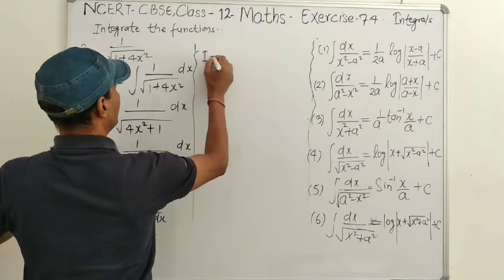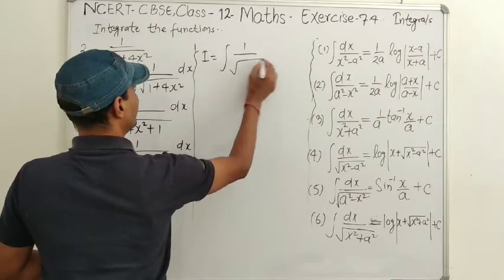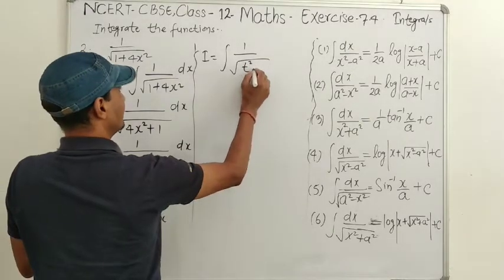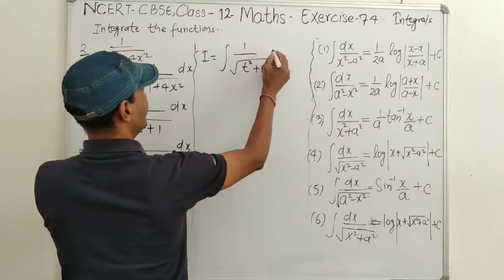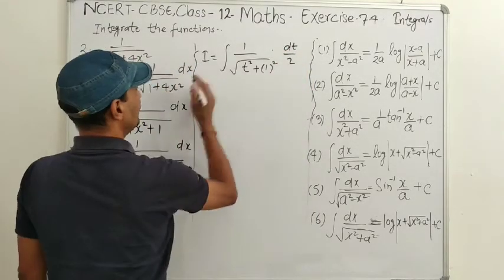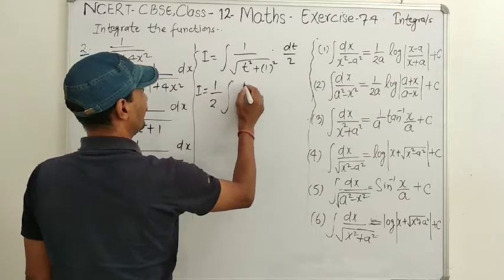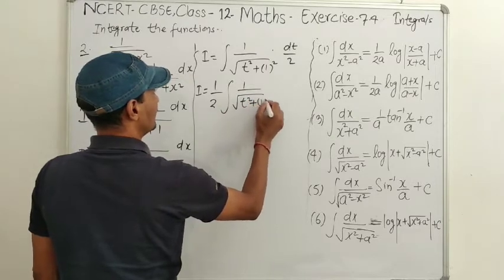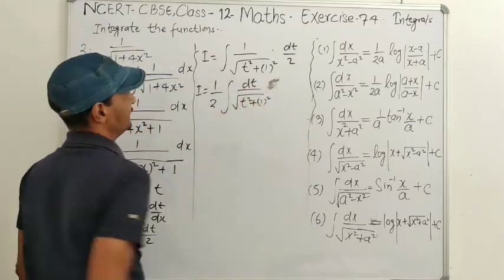Now I equal to 1 by root over, this 2x put as t, square plus 1, we can also write 1 as 1 square, into dx equal to dt by 2. This 2 is a constant, taken out, 1 by 2 written here, integration of 1 by root over t square plus 1 square dt.